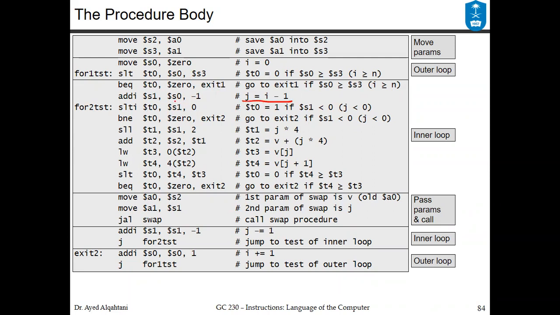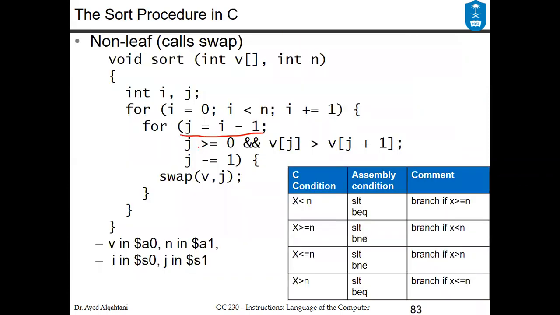We know that I is S0. We add immediate minus 1, and we assign it to the destination, which would be in register S1, because this is representing the j. And then we have set less than with branch not equal, because we are trying to get this condition.